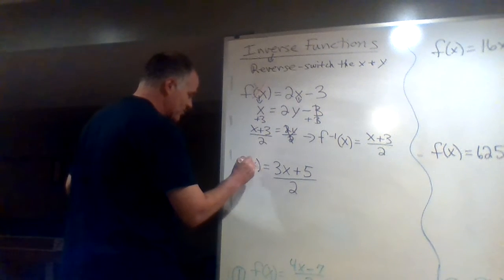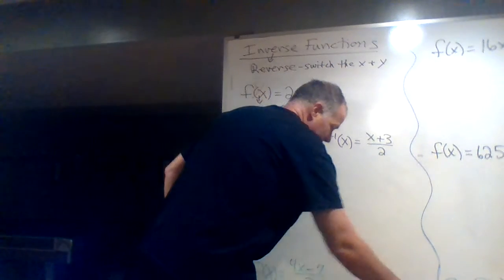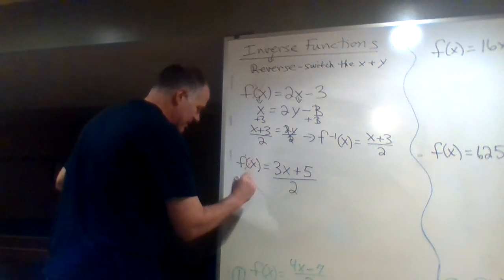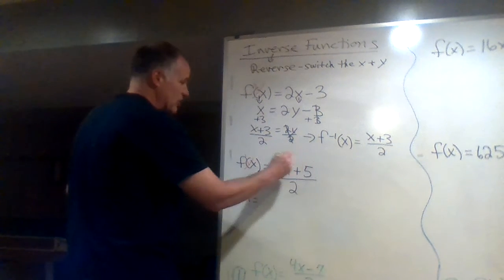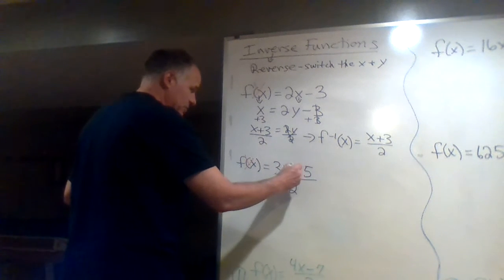Again, f of x is really the same as y, so I can put y on top of f of x. So y becomes x. And now this is obviously a little more complicated function: 3x plus 5 over 2.